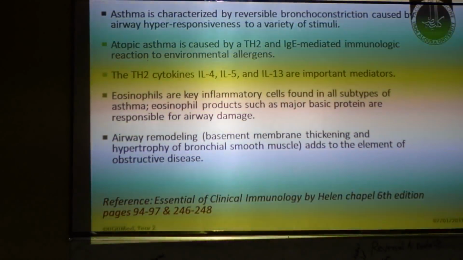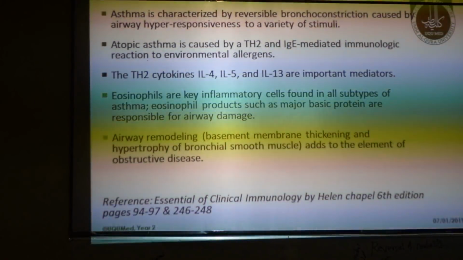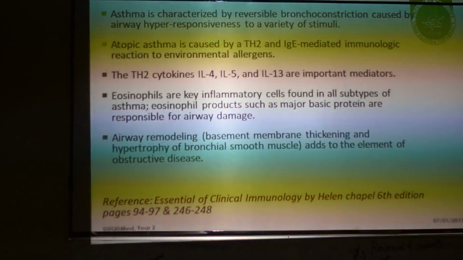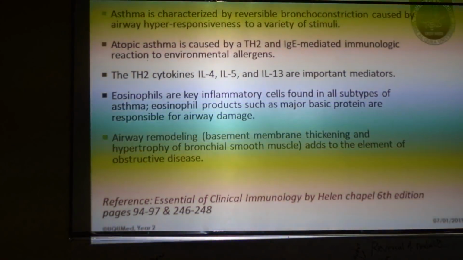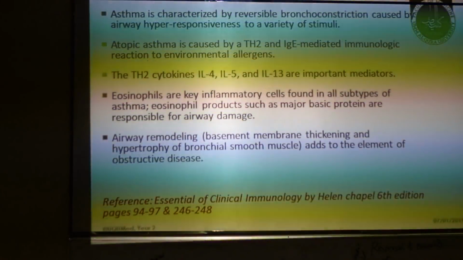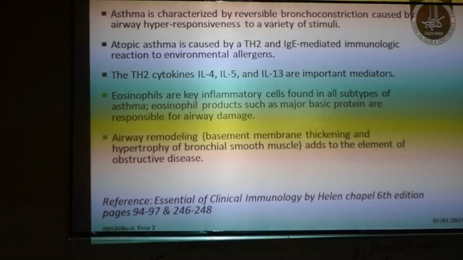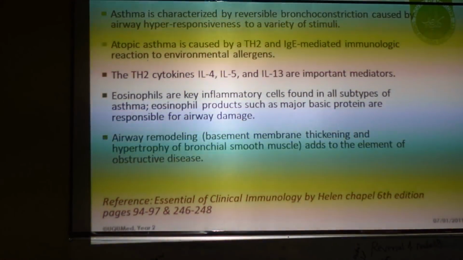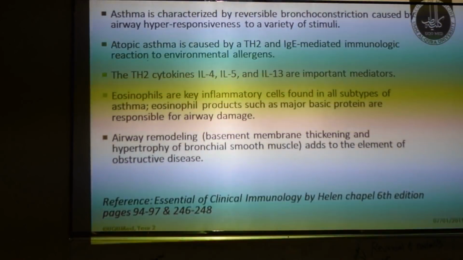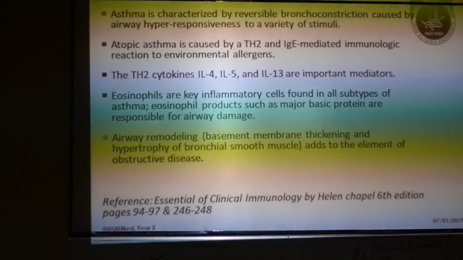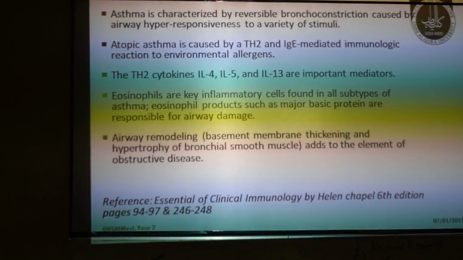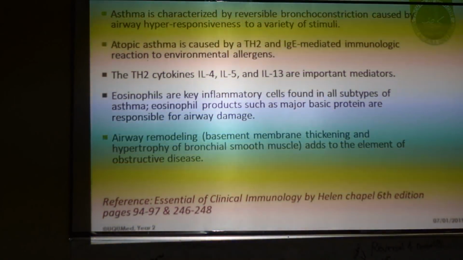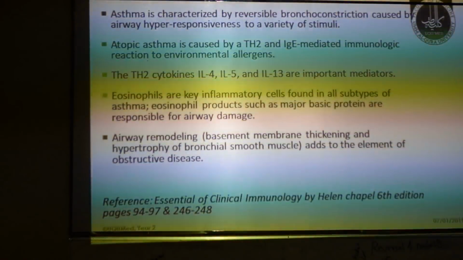So, in summary, asthma is characterized by reversible bronchoconstriction caused by airway hyperresponsiveness to a variety of stimuli. So there is narrowing and it can be reversed. Atopic asthma is caused by a Th2 and IgE-mediated immunological reaction to environmental allergens. That's the main 60% of allergic bronchial asthma. The Th2 cytokines IL-4, IL-5 and IL-13 are important mediators.